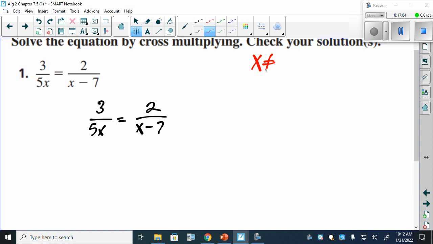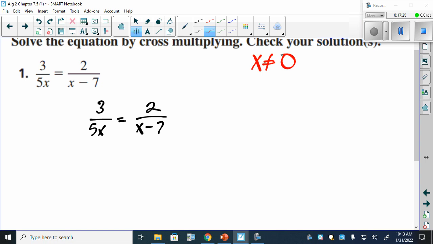But if we look at 5x, what is going to make that 0? So 5 times x, yes? What times 5 would give us 0? 0. Because if we don't have really anything added or subtracted, it's just a variable by itself or multiplied just with a number, it's just going to be 0.